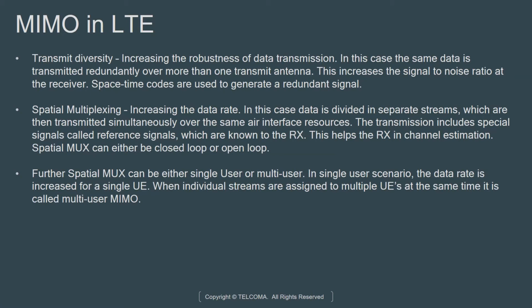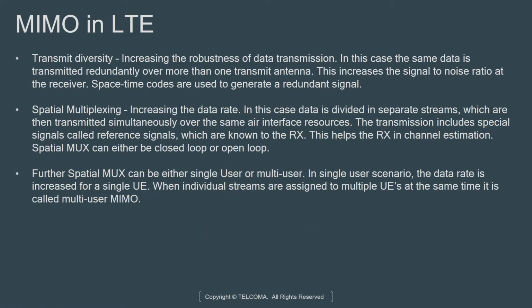The difference between TM3 and TM4 is that in TM4 we use pre-coding, which you can think of as a crude form of beamforming, which gets even better results as compared to TM3. Further, spatial multiplexing can either be single user or multi-user.